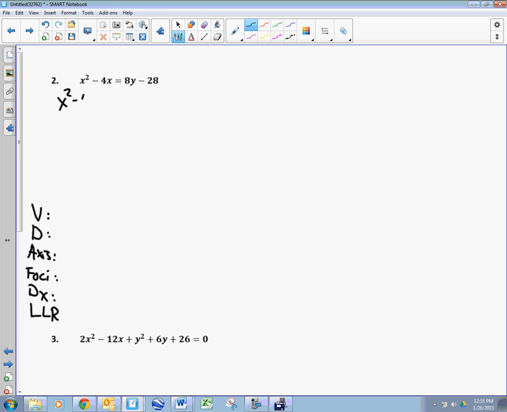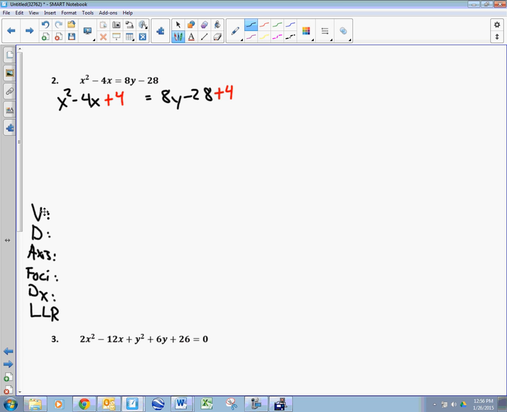So we have x squared minus 4x equals 8y minus 28. What number do we add to complete the square? 4. X squared minus 4x plus 4.